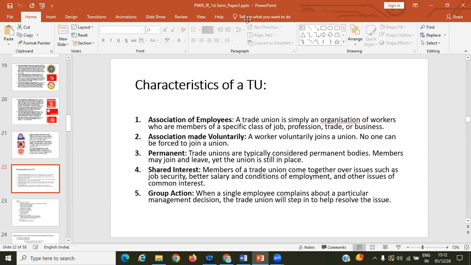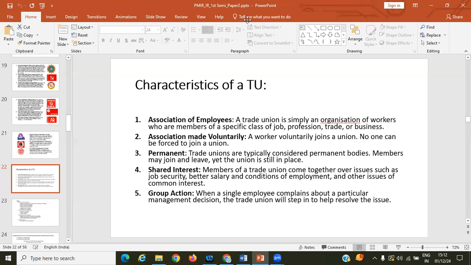Members may leave and go, and some new members may come to join, but the union is still there in the organization. That is the permanent going concern concept. This is what I was telling: there is a concept called the going concern concept.